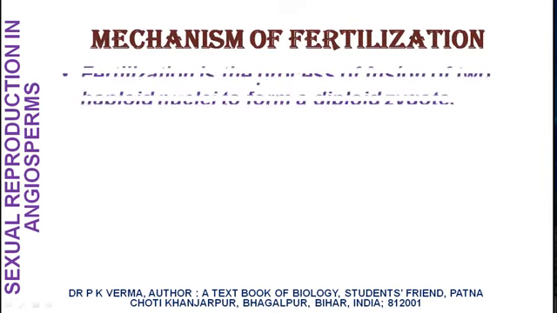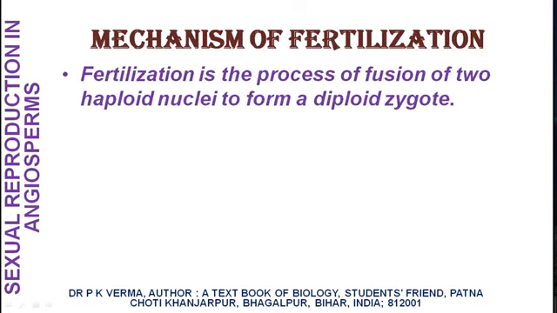Now let us discuss the mechanism of fertilization. You all are aware that in higher plants and animals, fertilization is oogamous, that is, a male and a female gamete are formed. The male gamete may be called a sperm and the female gamete is certainly an ovum. So it is oogamy.